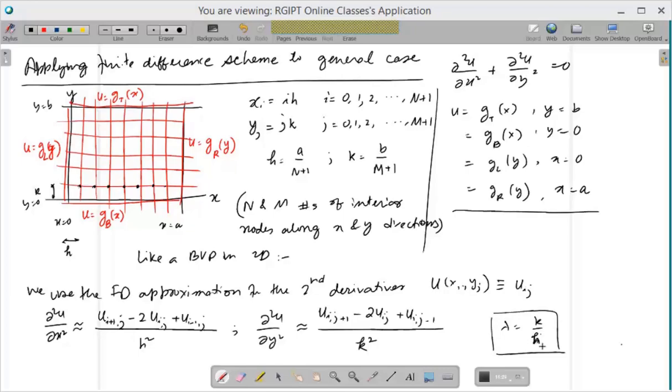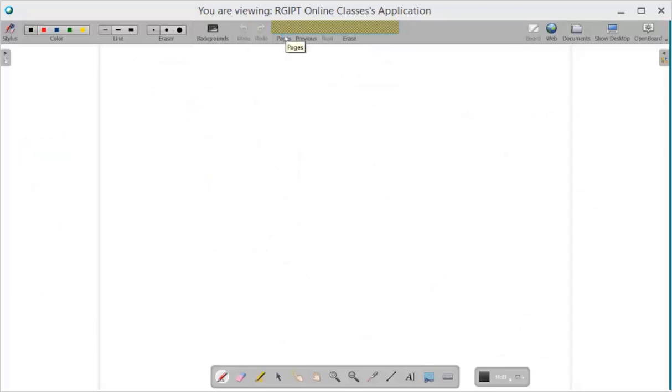With that definition of lambda, you can show that if you substitute this finite difference approximation in the original equation, the finite difference equation turns out to be minus lambda square u i plus 1 j, plus 2 times 1 plus lambda square u i j, minus lambda square u i minus 1 j, minus u i j plus 1, minus u i j minus 1 equals 0.